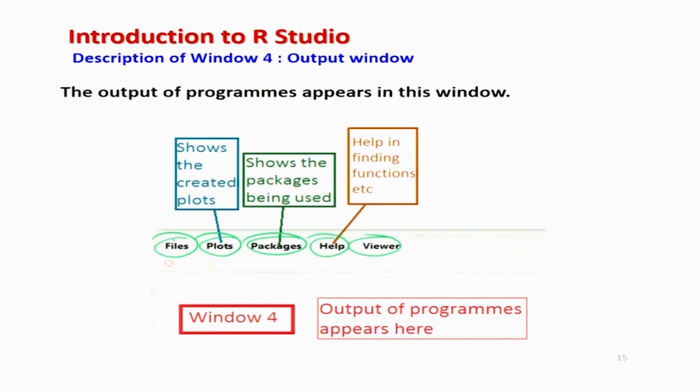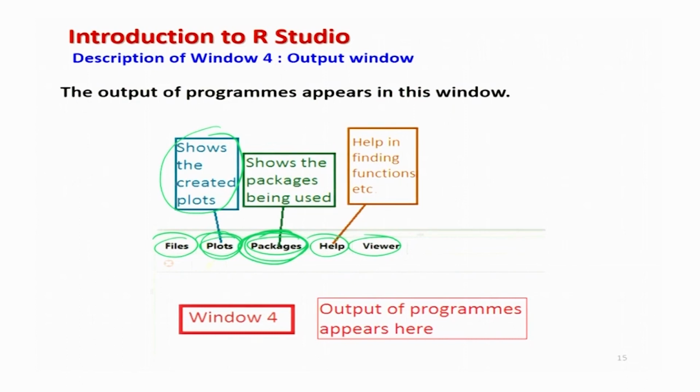So files means you can see what sorts of files are there. Then plots, it will show you what type of plots you are trying to create, they will appear here. And then there is an option here, packages. So this list will show you what are the packages which are available on your computer, and if you want to use them, you will see that it is very convenient.